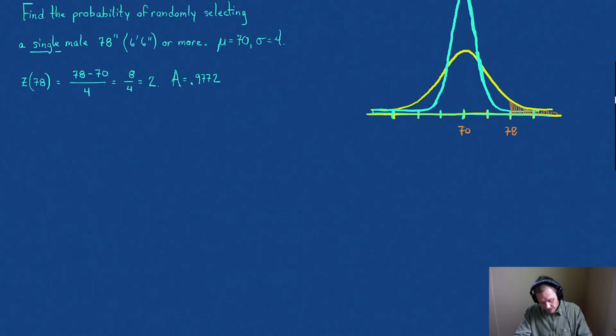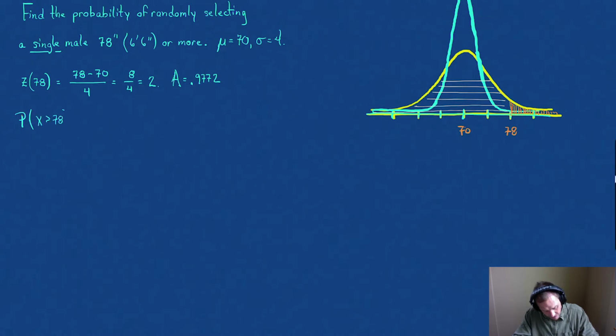So now look at this. Area is 0.9772. Well, what is that? That's all this stuff over here to the left. But we don't want the left bit, we want the right bit. So we need to subtract that from 1. So our answer then becomes, let's go back to our original color, the probability of randomly selecting a male greater than 78 inches is equal to 1 minus 0.9772.